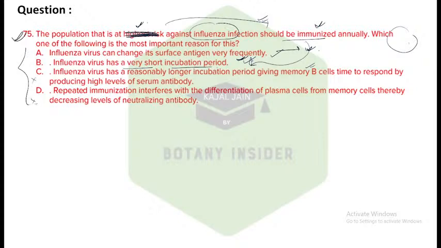So the answer for this is option number B. Remember this. The majority of you got the answer as A, C or D. None of you marked B, but according to the CSIR's answer key, the answer is option B. That is because the influenza virus has a very short incubation period and hence it needs to be injected into the organisms on an annual basis.